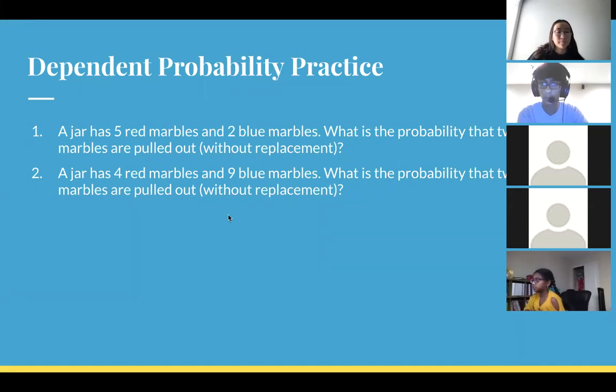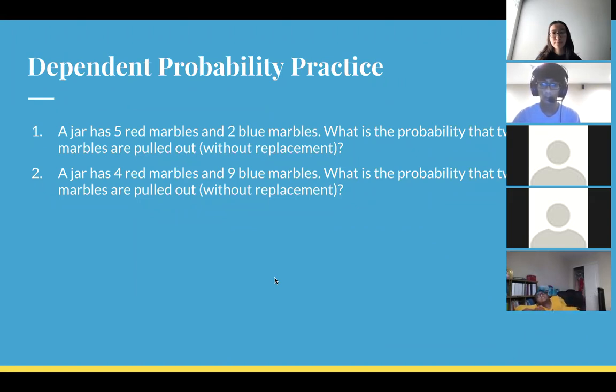Okay. Yeah, so the answer here is going to be 1/13th, and a lot of people were able to get it this time. And this is because the probability of the first marble being red is going to be 4 red marbles over 13 total marbles. So that's going to be 4/13 times, and then the probability of the second marble being red is going to be 3 red marbles over 12 total marbles.